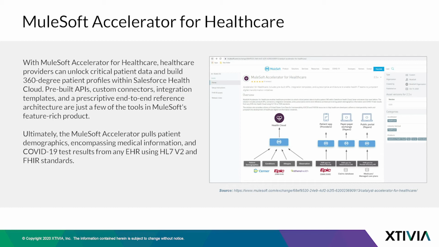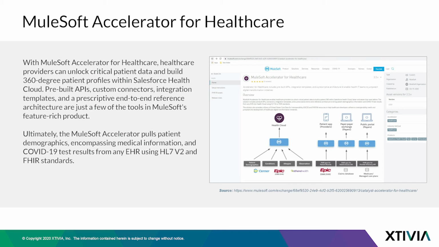If you look at the left-hand side of this diagram I'm talking about, it's kind of a sync between your EHR and Health Cloud, offering you a 360-degree patient profile. On the left-hand side, you have many information blocks like patient demographics, conditions, allergies, observations.